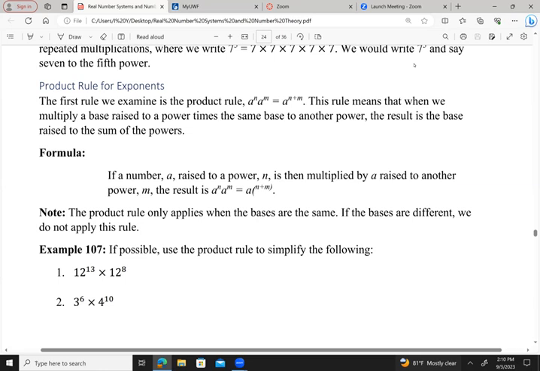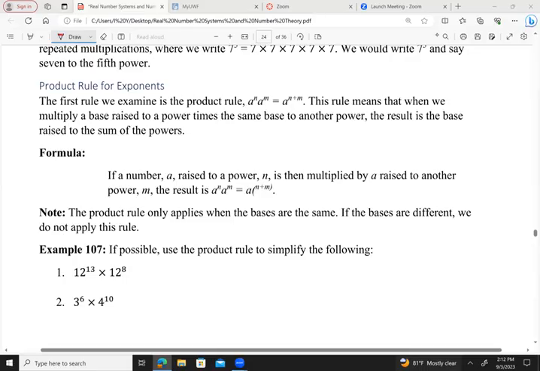If possible, use the product rule to simplify the following. Now we have 12 to the 13th times 12 to the 8th. Well, this is equal to 12 to the 13 plus 8, which is equal to 12 to the 21st.